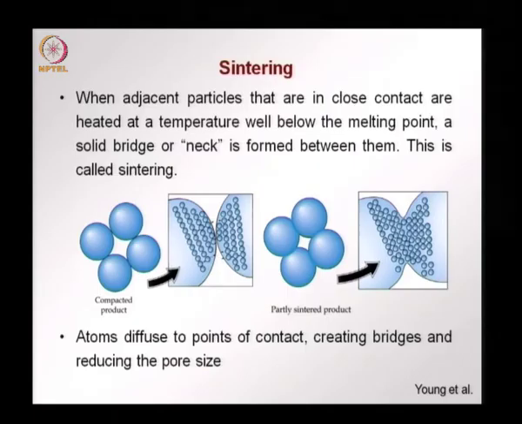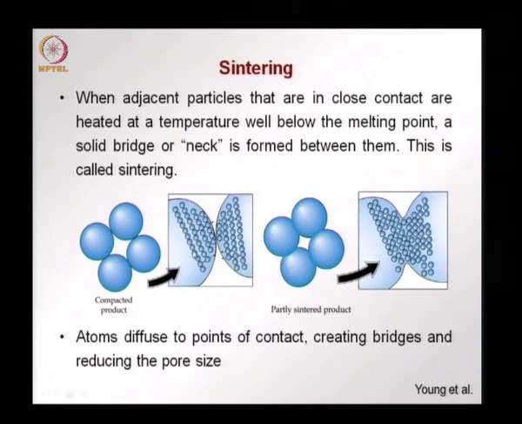We will complete this lecture with a short discussion of sintering. We already saw that sintering occurs due to diffusion of atoms and molecules between particles when these particles are in close contact and are heated. Now, we should remember that we are below the melting point, we are not heating to above the melting point.